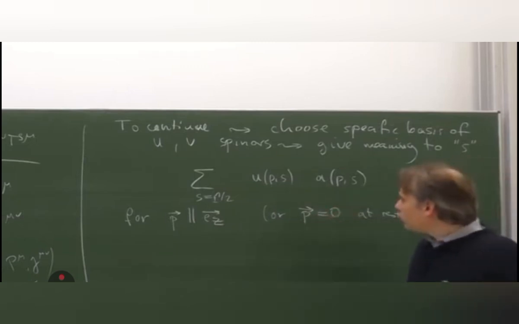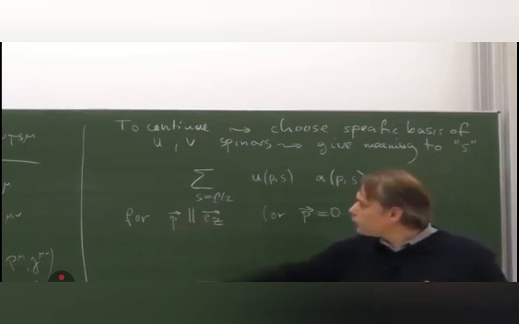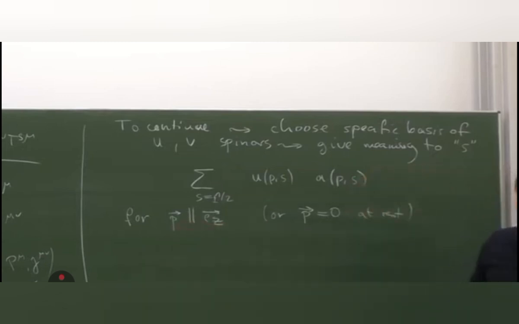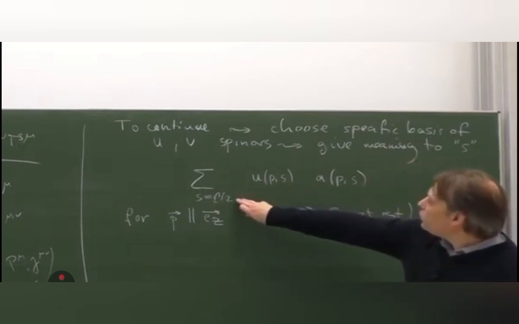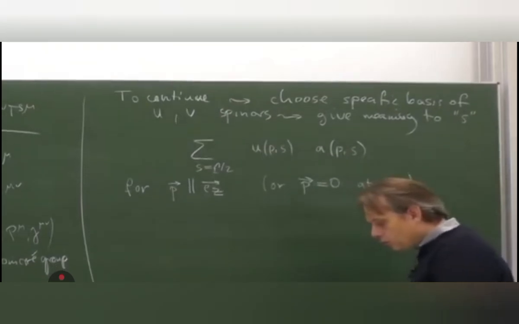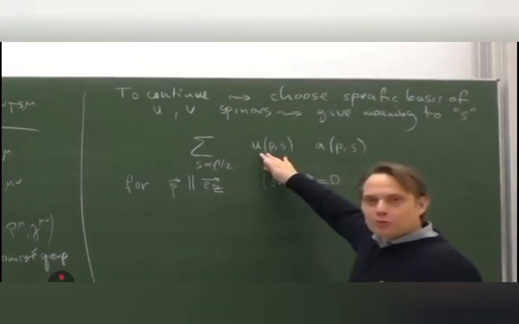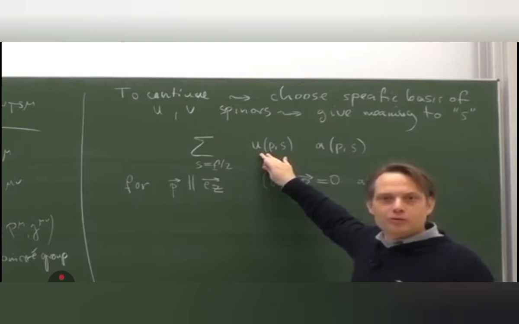But if the mass is 0 or non-zero, doesn't matter, we can always choose a momentum in z direction. Let us choose such a momentum and then think about the meaning of the index S. So, how should we define our two linearly independent eigenspinors of the P slash matrix?